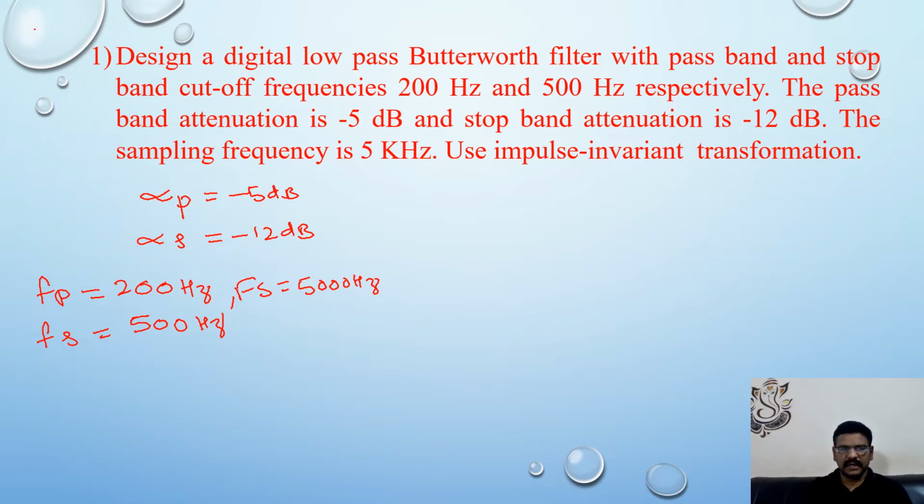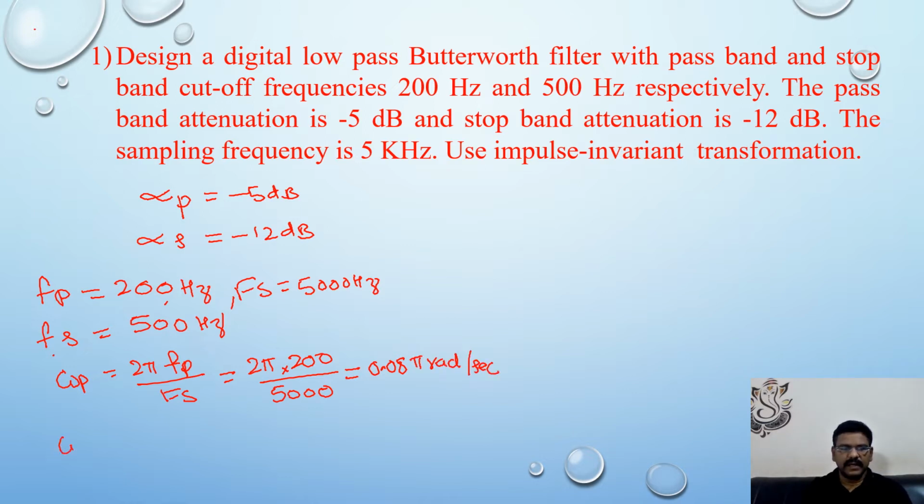So how to find our digital angular frequency? From the standard formula we can write Omega p is equal to 2 pi Fp by Fs. If you replace with the values, Fp is 200 Hz by 5000, this is 0.085 radians per second.